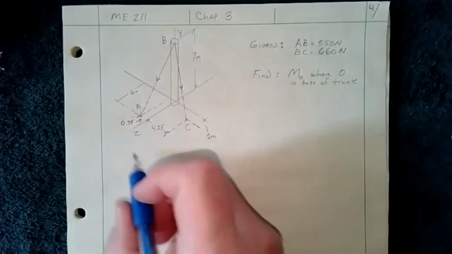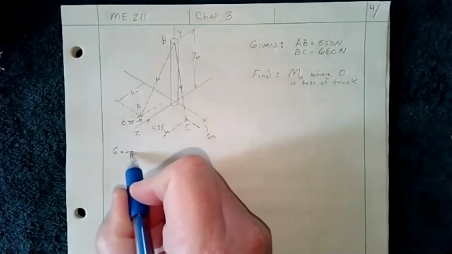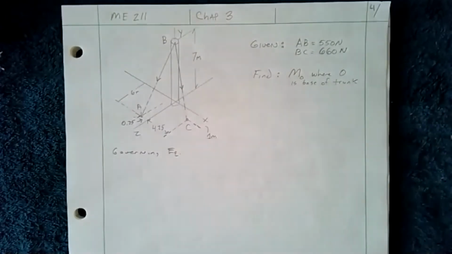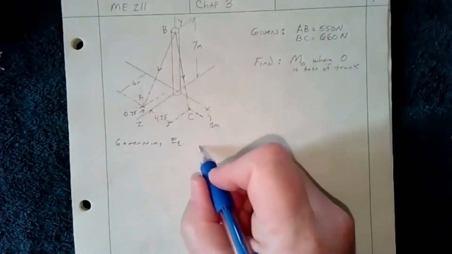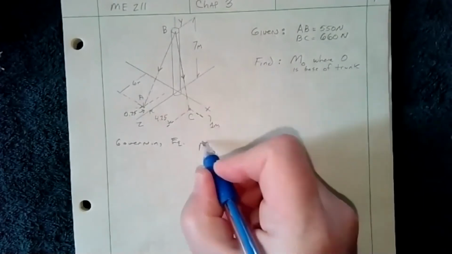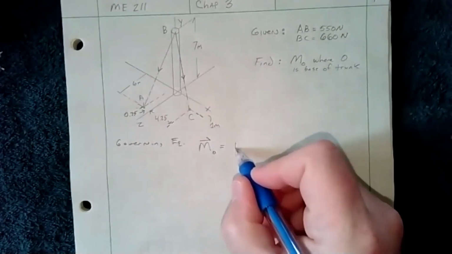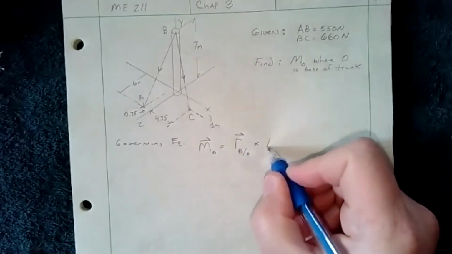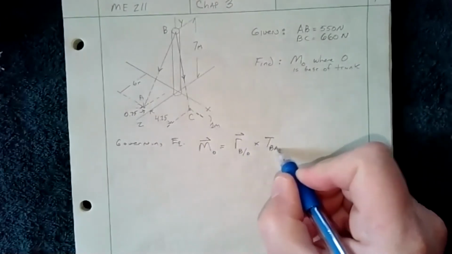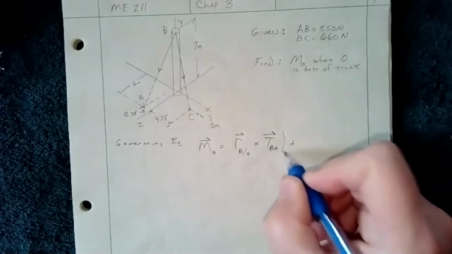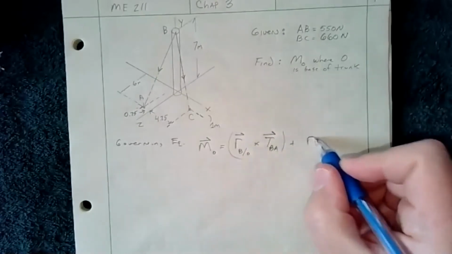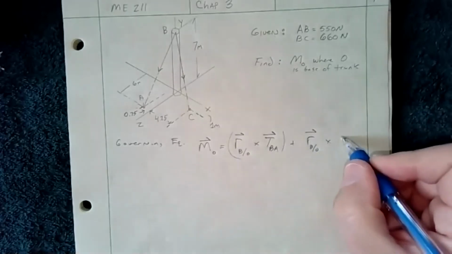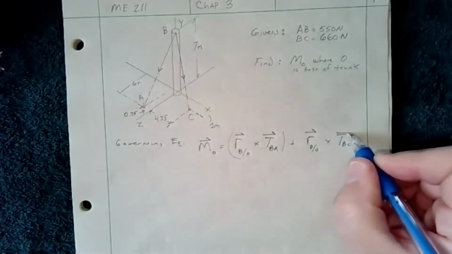So let's go ahead, our governing equation is that the moment about O is equal to R, B relative to O, crossed with tension BA plus R, B relative to O, crossed with tension BC.